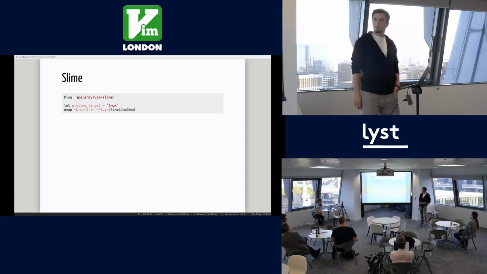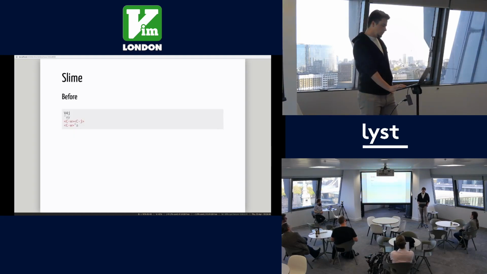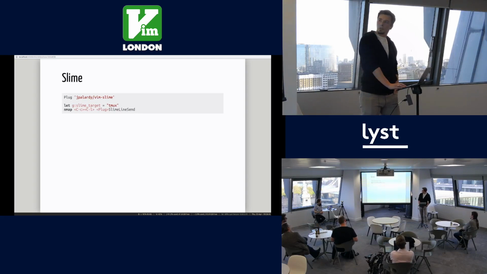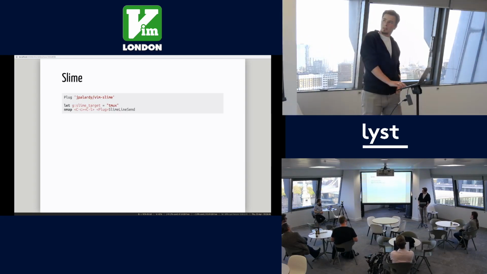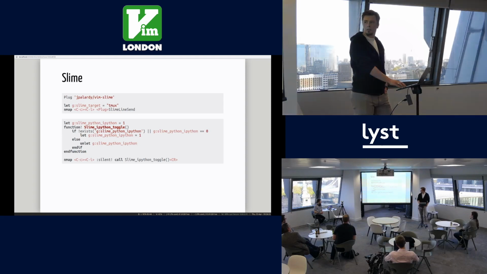So there is no need to leave Vim if you want to run something in the terminal. It also works with the built-in terminal, so you can avoid jumping to the terminal. I have that on two or three slides from here. IPython has a special mode for pasting code.